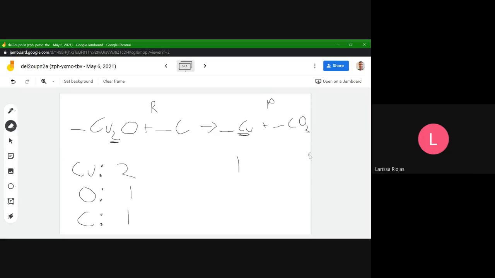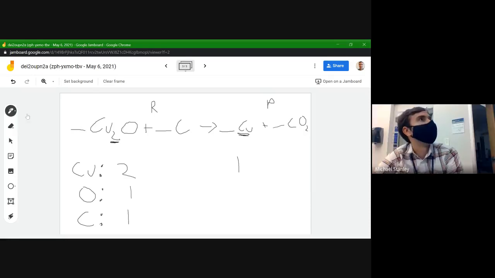No, wait, 1. There you go, you caught it. Just the 1. Remember, this guy doesn't have any subscripts or anything along with him. So we've just got the 1 carbon. And then finally, how many oxygens do we have on the product side?